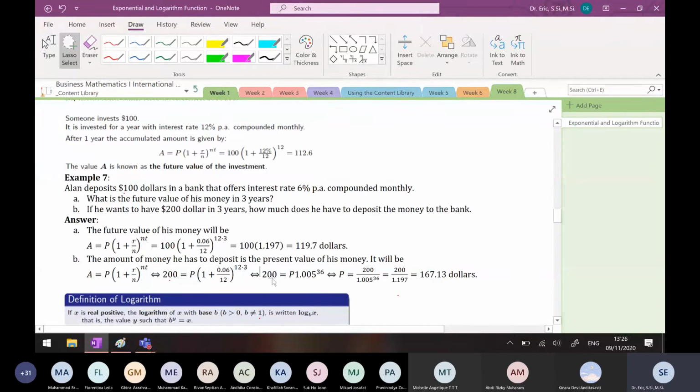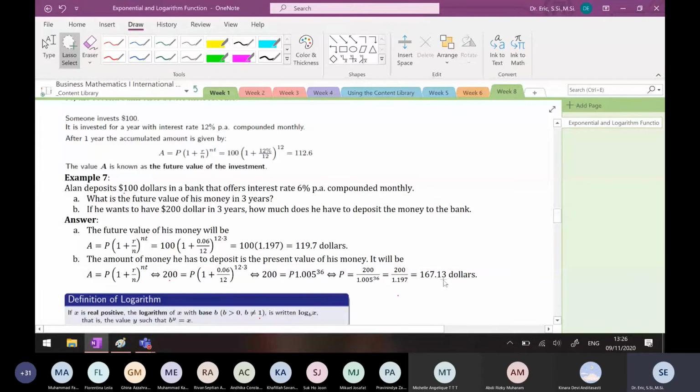So P should be 200 divided by this one. Okay, so if you don't have any calculator, just leave this, because in your final you are not allowed to use a calculator. So the present value of his money should be 200 divided by 1.005 to the power of 36.